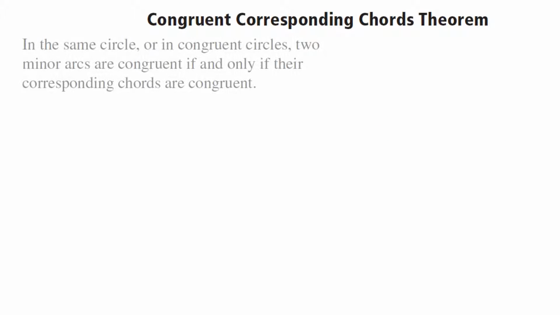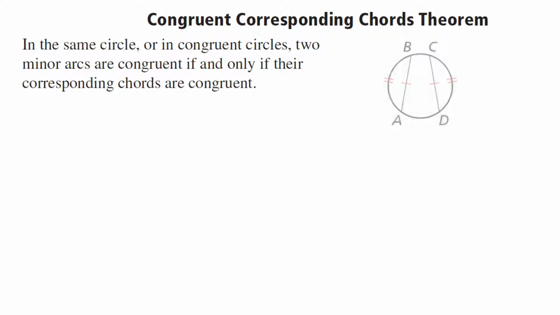Well, gotta talk about being congruent again. So just like before when we said that the minor arcs would be congruent if the central angles were congruent, same thing here.